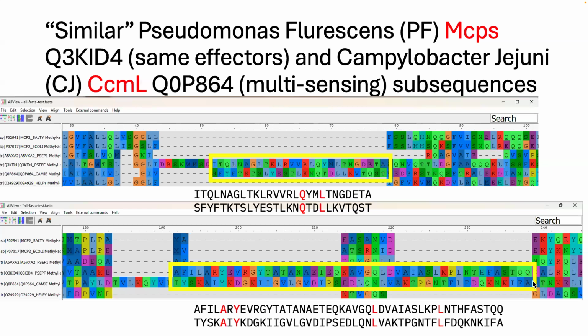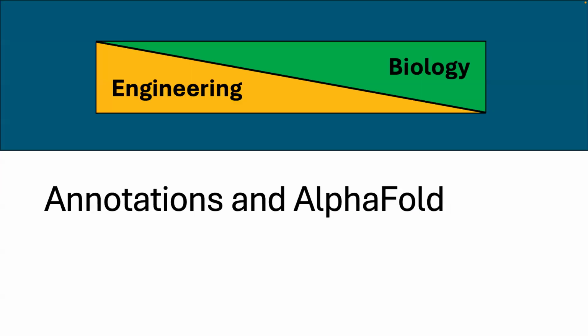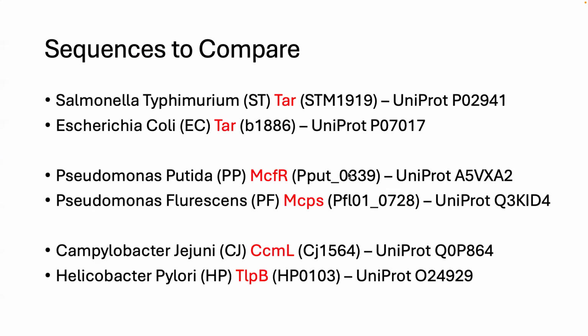So we looked at these, kind of building on the same area. We started with these 6 different chemoreceptors, found some areas that looked interesting, and are going into a little bit more detail. So now we're going to still use those same 6 chemoreceptors.